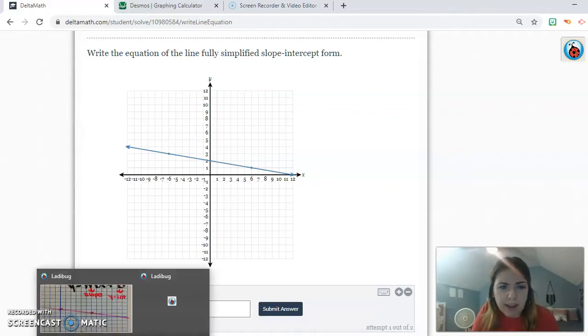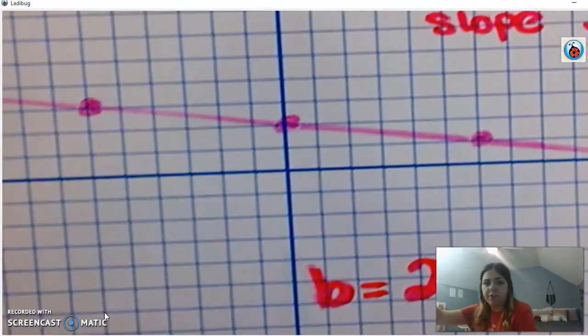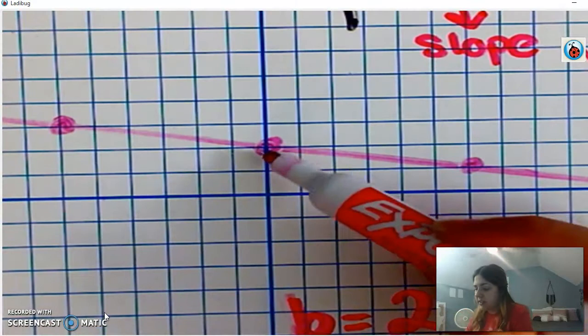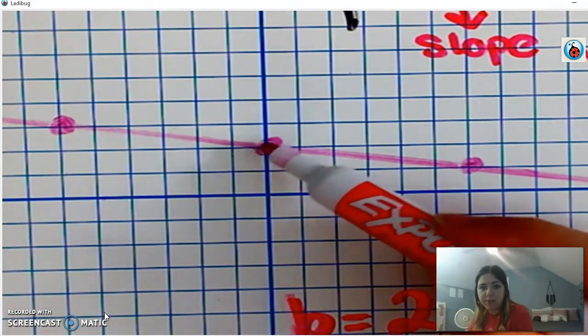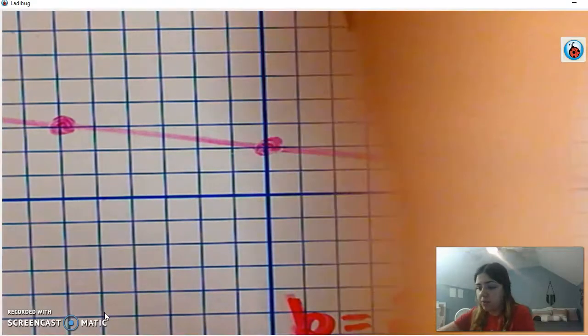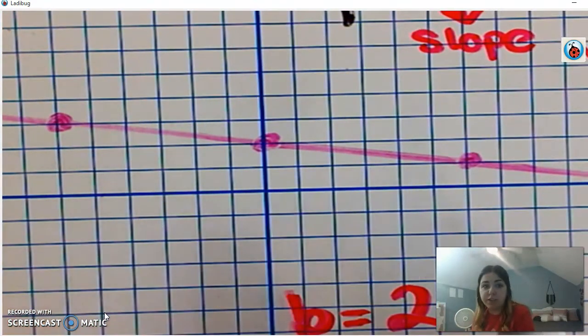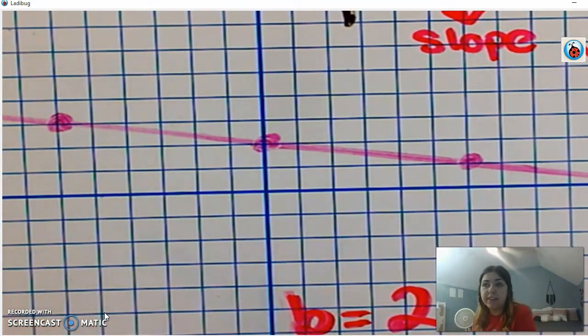So I've copied that line onto this graph, okay? So there you can see is my y-intercept of 2. And to find slope, I am going to pick 2 points on this line. I've got 3 drawn. Pick 2, it doesn't matter.